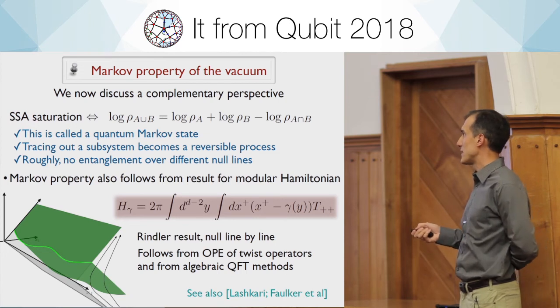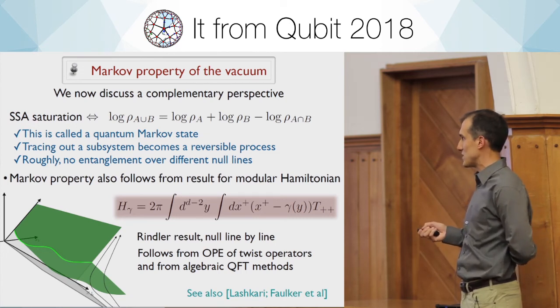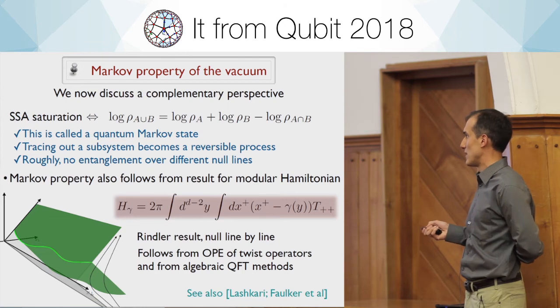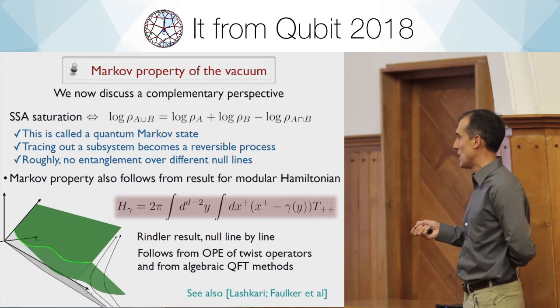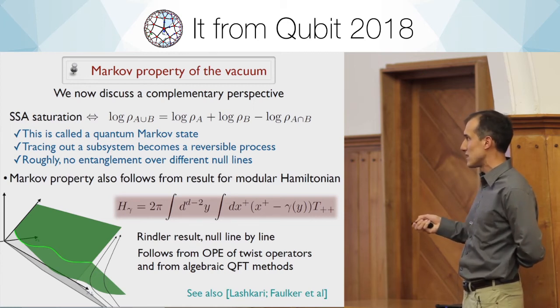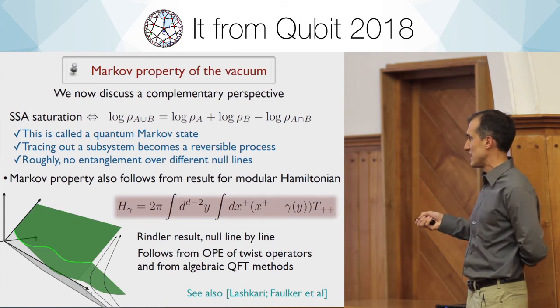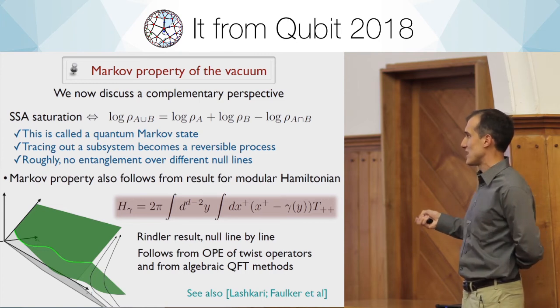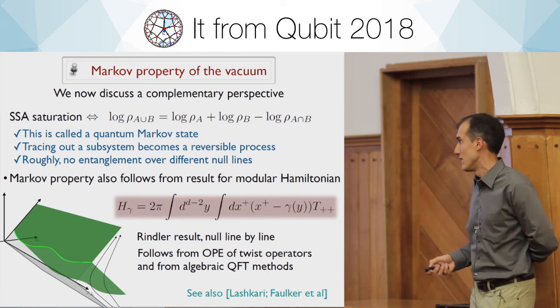And in fact, the Markov property also follows from another stronger property, which is this result for the modular Hamiltonian. Here I'm just showing it for this Rindler setup, but it can also be written for the cone, which basically says that it's a local integral over transverse directions, and then it has this null integral, which is essentially the Rindler type of modular Hamiltonian.